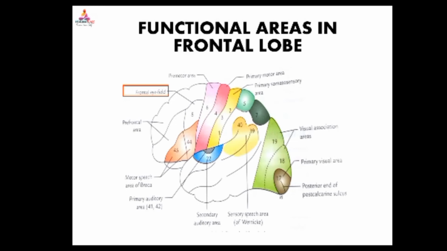The electrical stimulation of this region causes deviation of both the eyes, especially to the opposite side. The frontal eye field controls the voluntary scanning movements of the eyes and is independent of the visual stimuli. It is connected to the visual area of occipital cortex by association fibers.